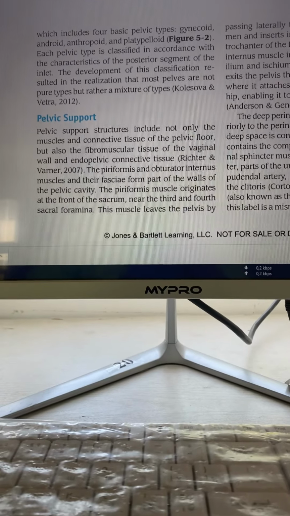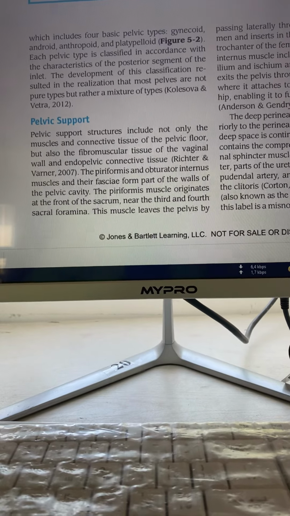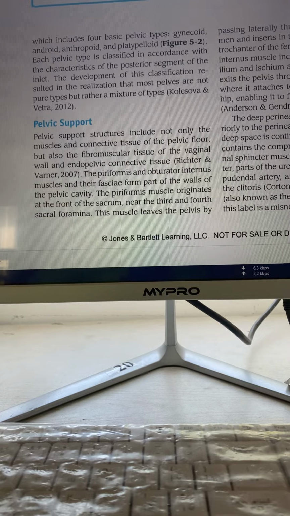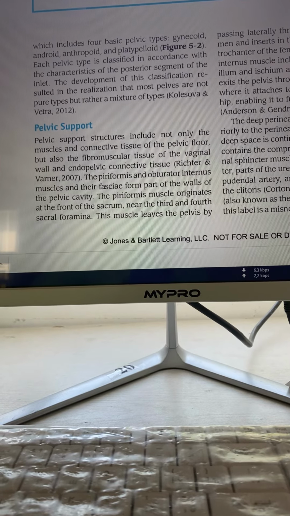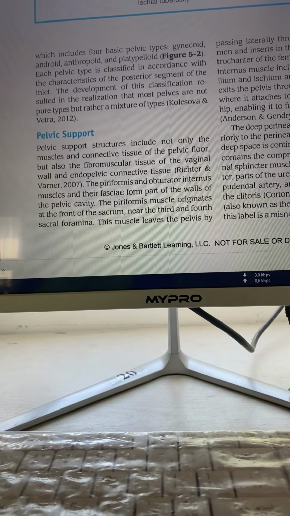Which includes four basic pelvic types: gynecoid, android, anthropoid, platypelloid.